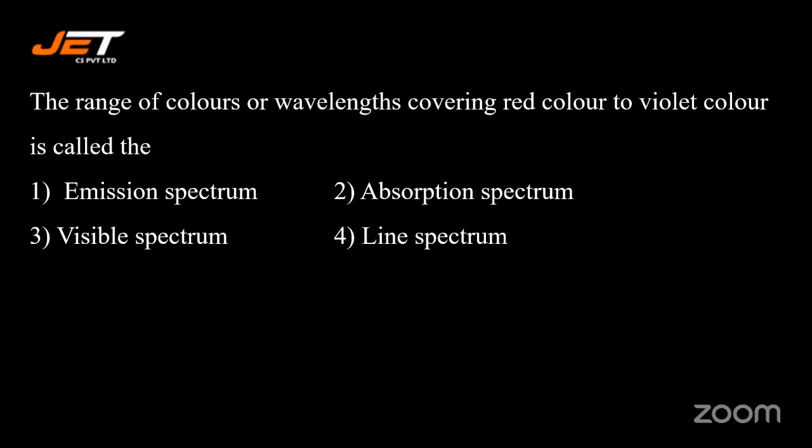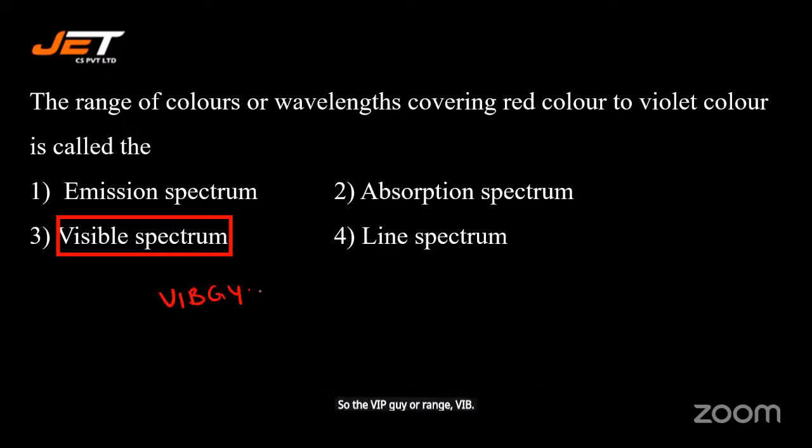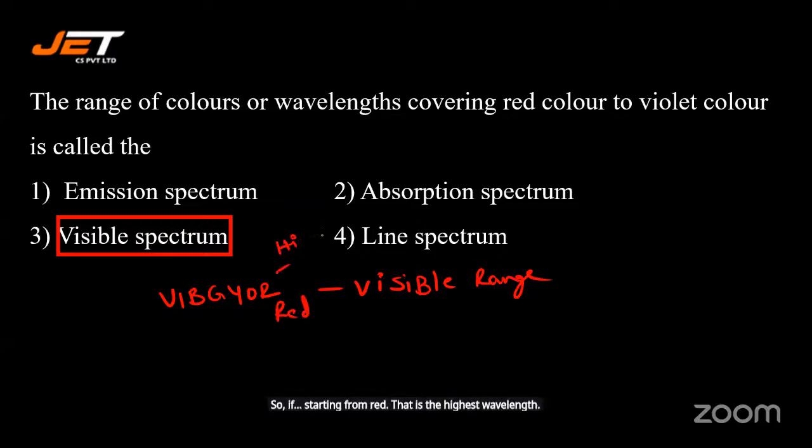Remaining people? Fourth? No. So, as I have mentioned, the VIBGYOR range is called the visible range. You can see all the 7 colors in the atmosphere, no? Starting from red, red is the highest wavelength and violet is the lowest wavelength.